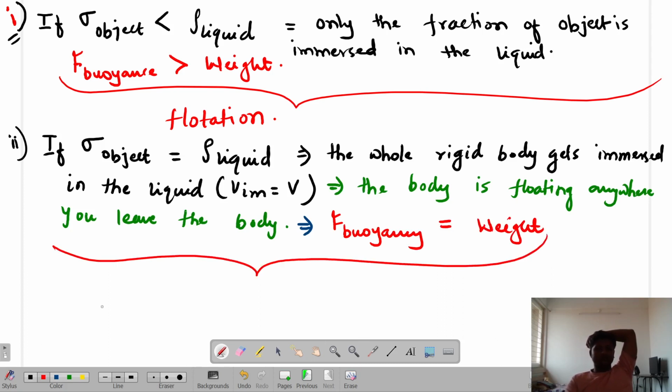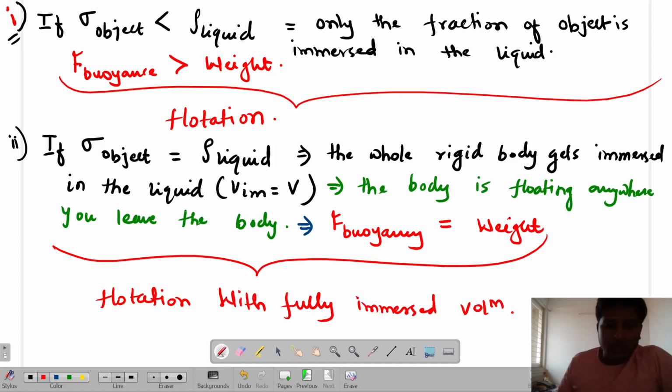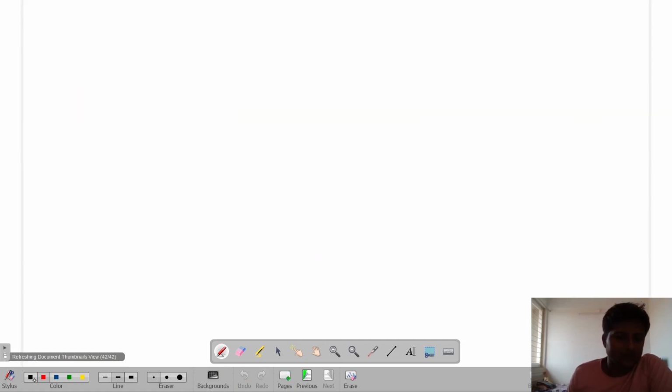This is also a flotation with fully immersed volume. Is this clear? Third case.